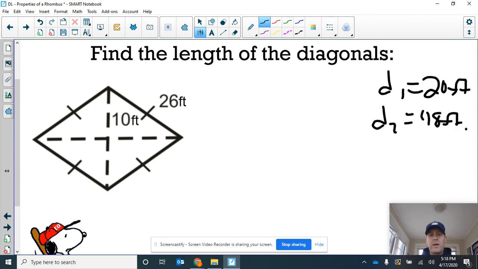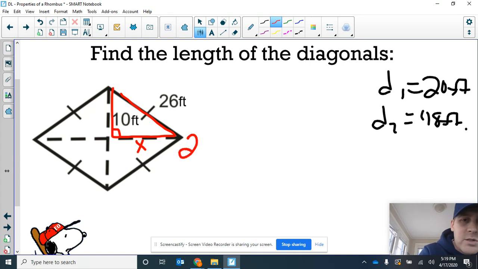Just to go over that again quickly, I'm looking at this triangle right here. I'm going to try to find the length of this side. So let's use the Pythagorean theorem. We're going to say 26 squared equals 10 squared plus x squared.